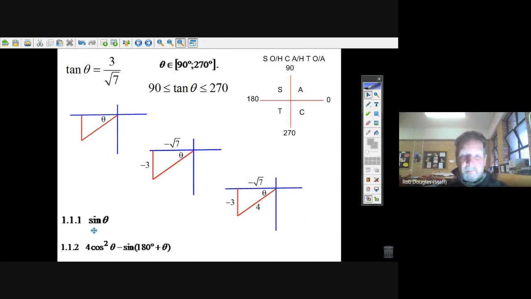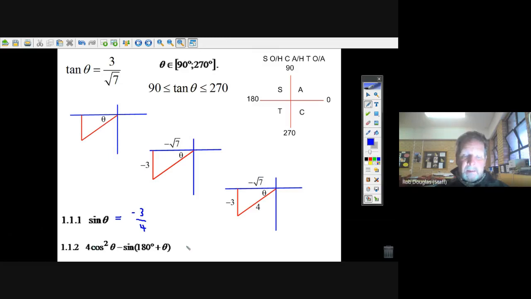We can figure out everything now. The sine is opposite over hypotenuse, so it must equal minus 3 over 4. That's the sine, all done. The cosine must be minus root 7 over 4, that's adjacent over hypotenuse.